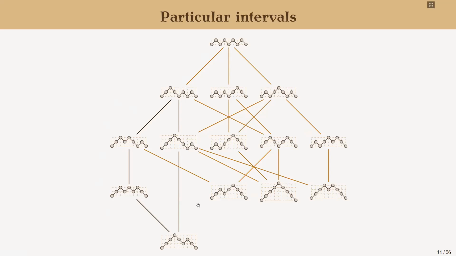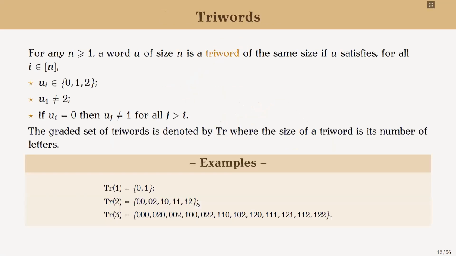So what we want to do now is to find a way to encode these Dyck paths in an easier combinatorial object, such that we have an easier and faster order than the Dexter order. And this is given by what we call Triwords.